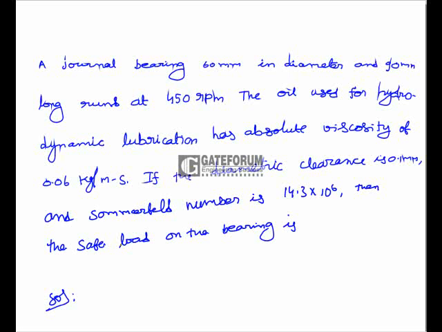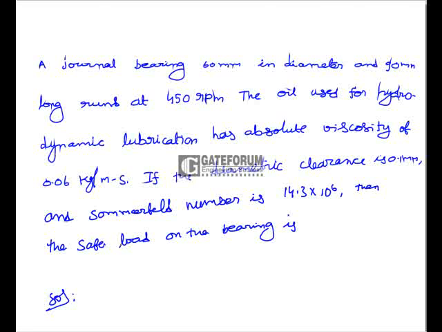A journal bearing 60 mm in diameter and 90 mm long runs at 450 rpm. The oil used for hydrodynamic lubrication has absolute viscosity of 0.06 kg per meter second. If the diameter clearance is 0.1 mm and Sommerfeld number is 14.3 into 10 power 6, then the safe load on the bearing is?